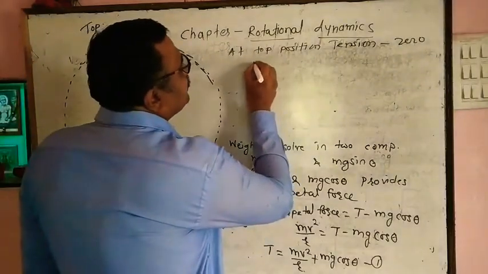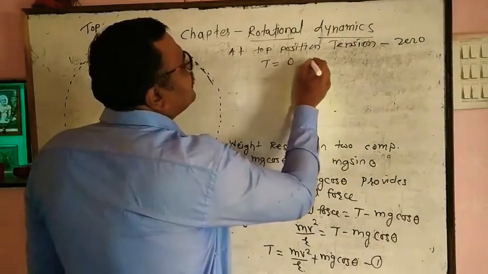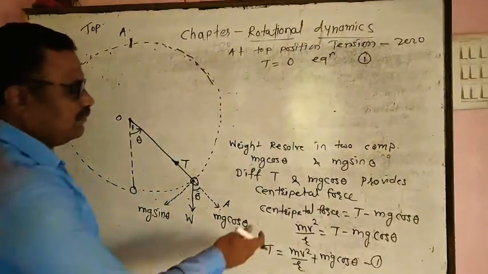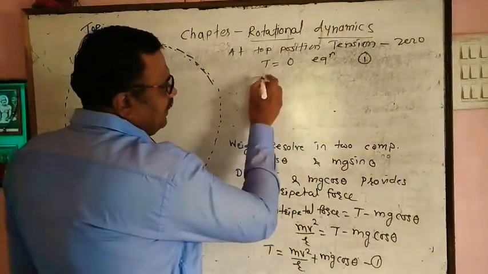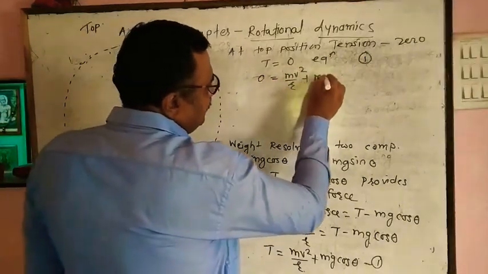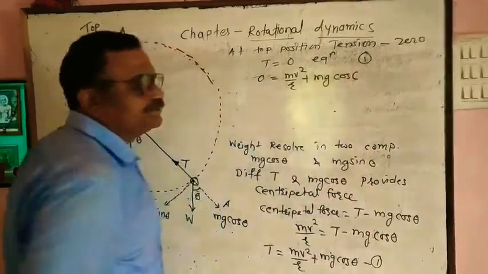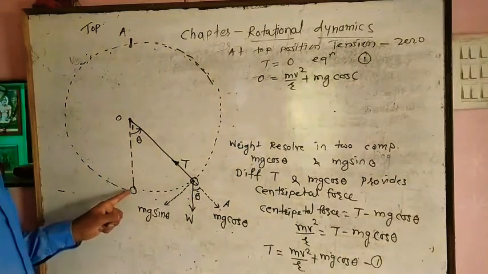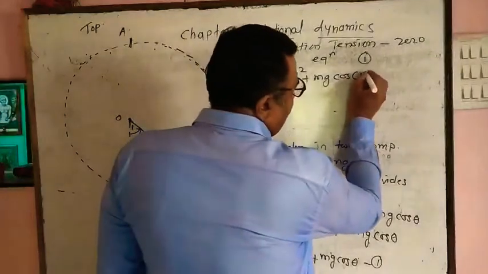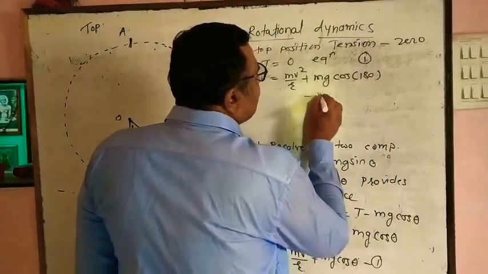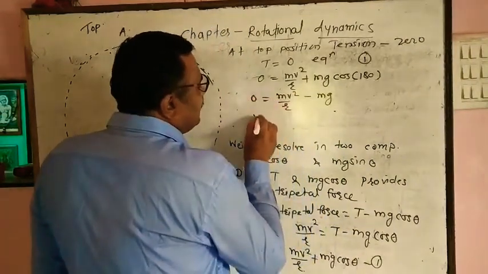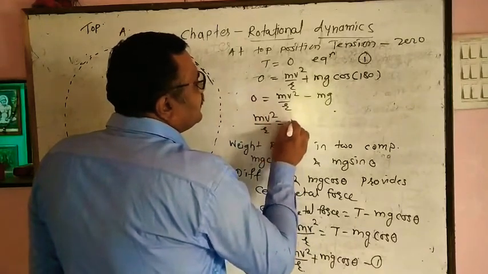Therefore, at the top position, substituting the value T is equal to 0 in equation number 1, we get 0 equals mv square upon r plus mg into cos of theta. Here theta is equal to 180 degrees. Therefore cos of 180 is equal to minus 1. Hence we write mv square upon r is equal to mg.